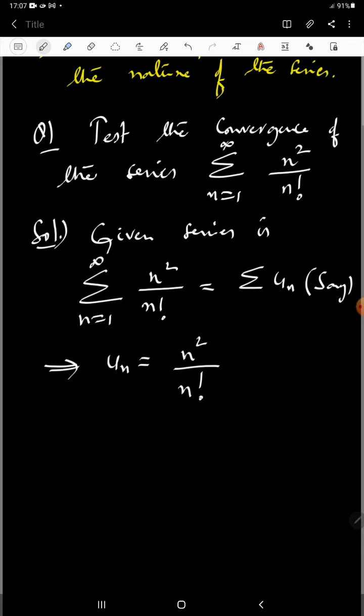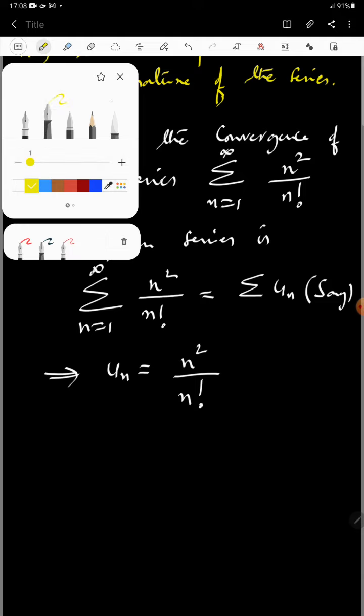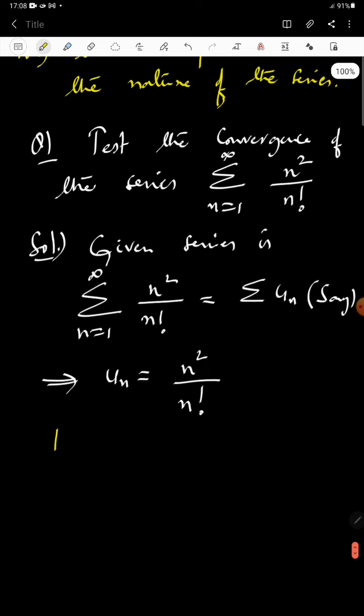Whenever factorials come in the numerator or denominator, the best choice is the ratio test. Because a factorial is present here, I go for the ratio test. Now un plus 1 is the next term, that is the n plus 1th term. In the place of n, I am substituting n plus 1.